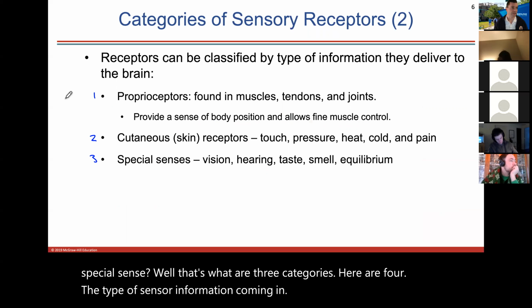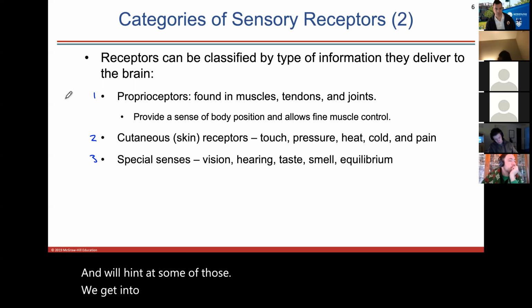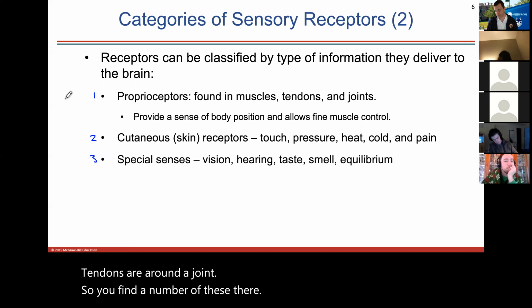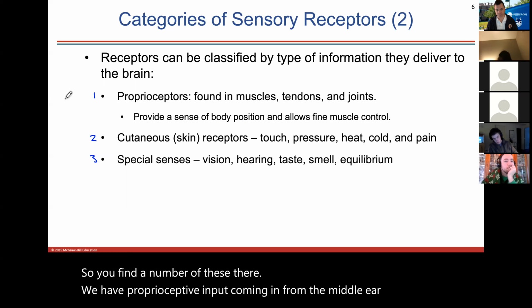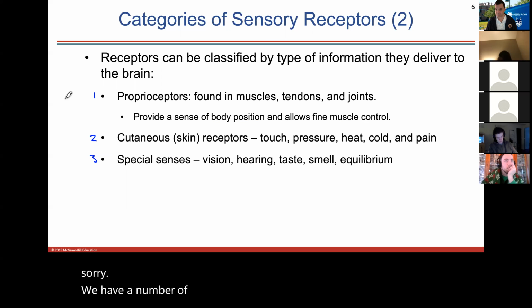Proprioceptors are found in muscle bellies, and we'll hint at some of those when we get into the next unit. You find them in tendons, which are around a joint, so you find a number of these there. We have proprioceptive input coming in from the inner ear. We have a number of proprioceptors in the neck.